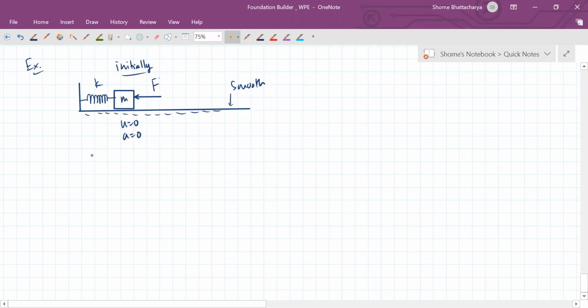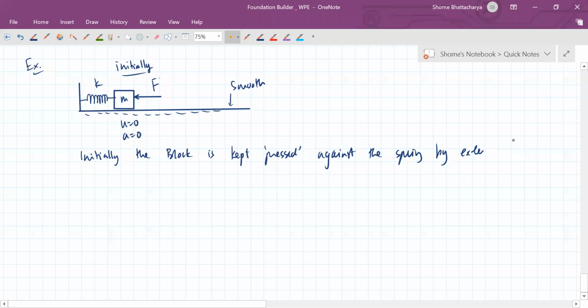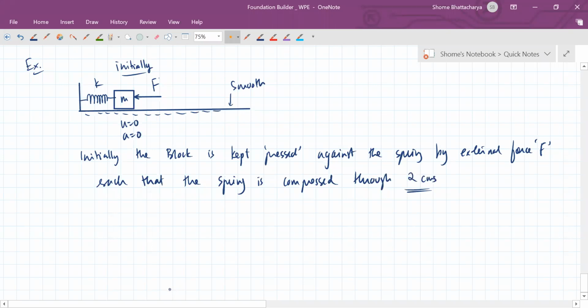So initially the block is kept pressed against the spring by an external force F, such that the spring is compressed through 2 centimeters. The spring has a compression of 2 centimeters.